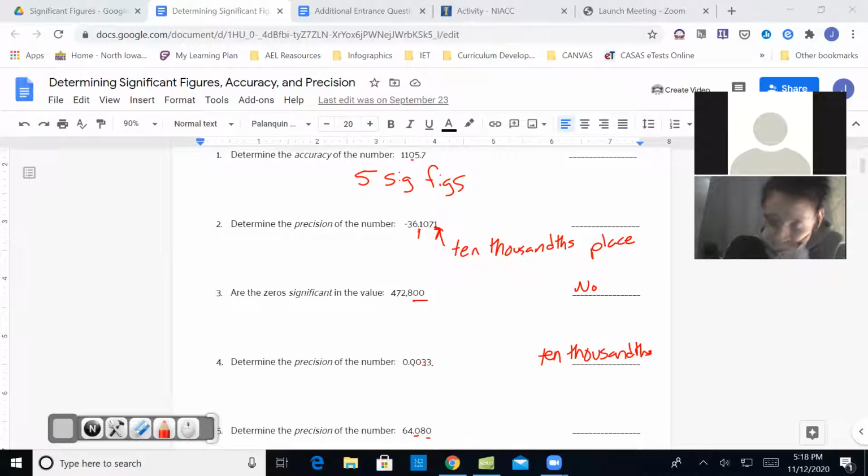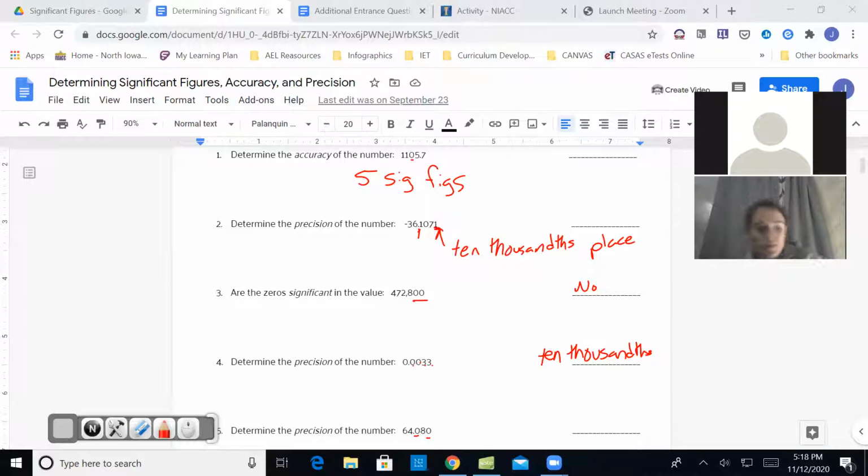So are we looking at a whole number? No, because there's a decimal point here. This is where significant figures start to be a challenge.